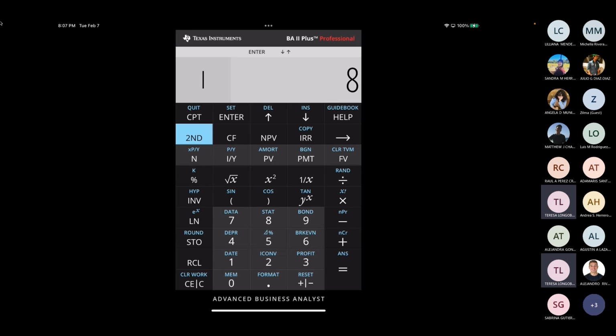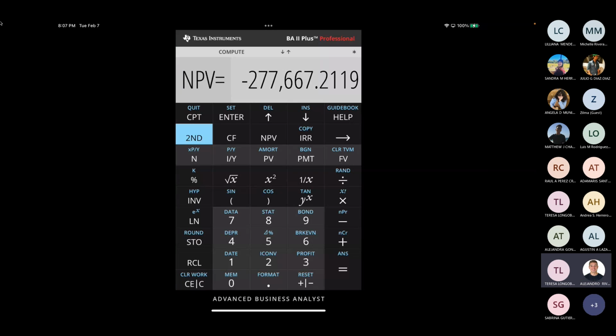So I enter 8, enter, scroll down, it says 0, but I think I have to hit compute again. And there you go. Okay, who wants to see that again? Me, please. Okay, I wish to see that again.